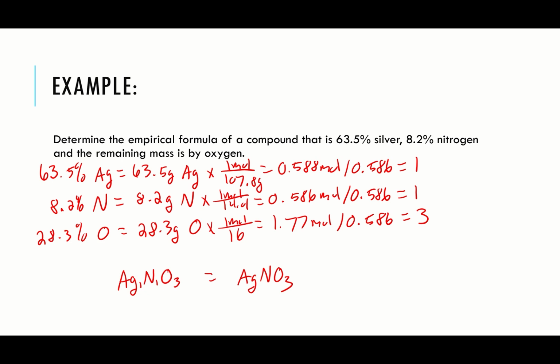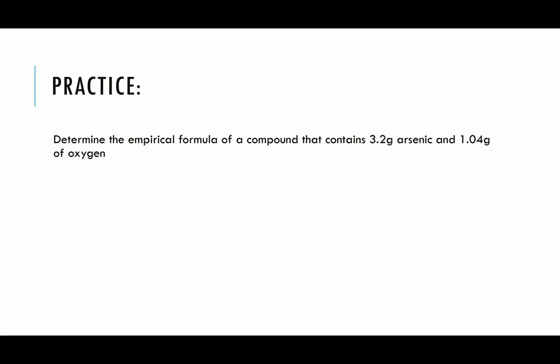Let's look at one more example of determining the empirical formula of a compound. Here we want to determine the empirical formula of a compound that is 3.2 grams of arsenic and 1.04 grams of oxygen. In the last problem we were given percentages to work with and we had to convert them into grams. But this time we begin with a mass and are asked to find the empirical formula.